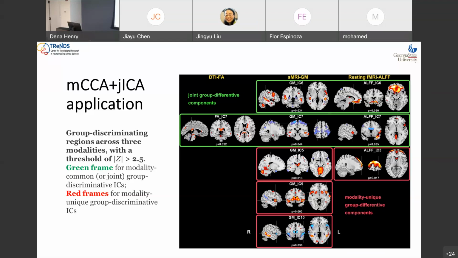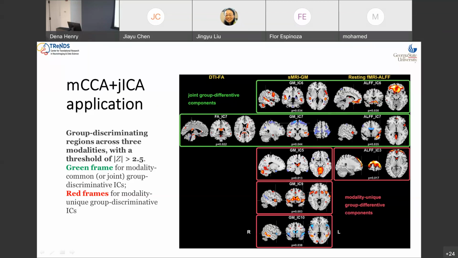Then they tested for each joint component whether the underlying 3 unimodal components showed group differences between schizophrenia patients and healthy controls, and this figure summarizes the results. Some joint, modality-common discriminating components are highlighted in green frames, and the red frames are for components which are only unimodally discriminating between cases and controls.